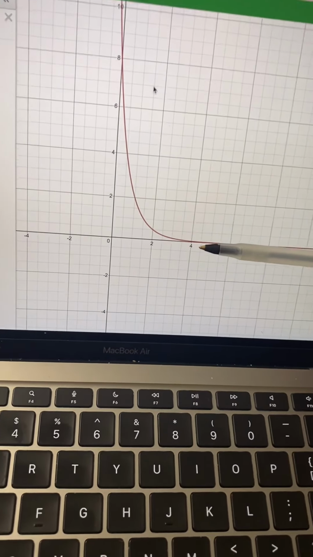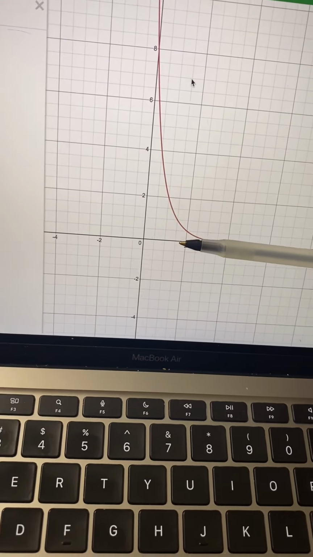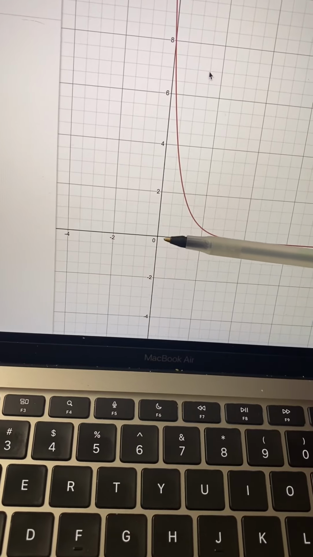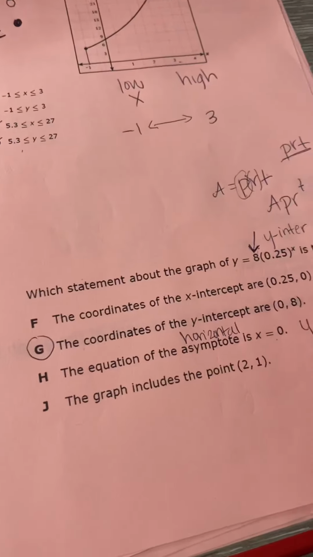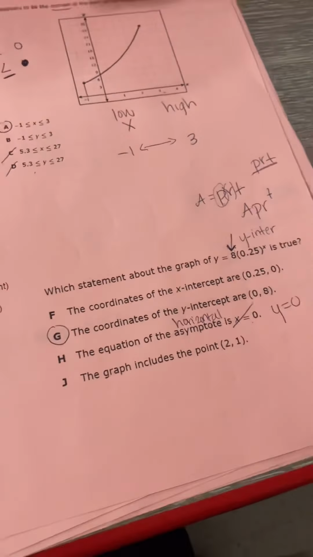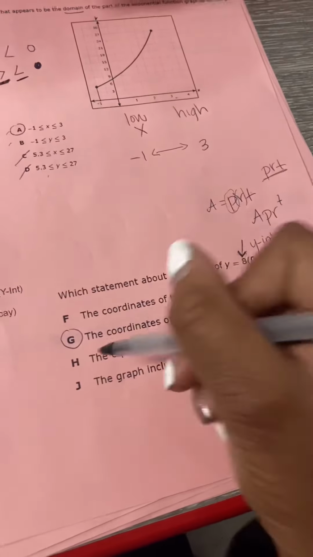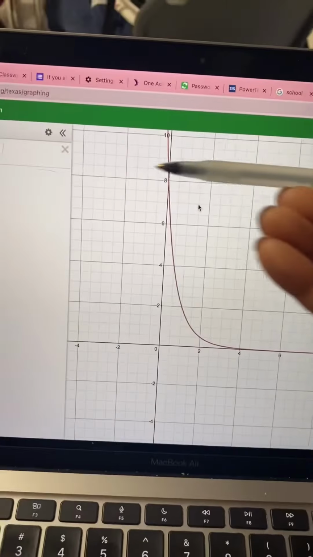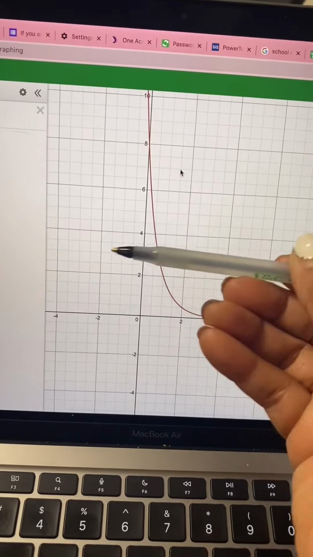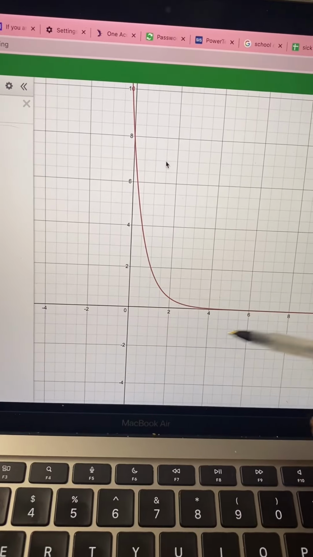What did I say about horizontal asymptotes? It's y equals, never x equals. It's close, but that letter is wrong, because any horizontal line crosses through your y-axis, so it's y equals, not x equals.